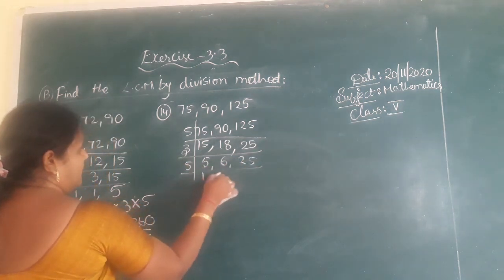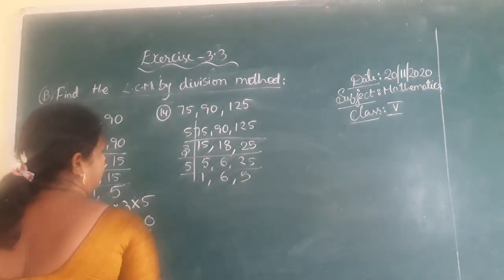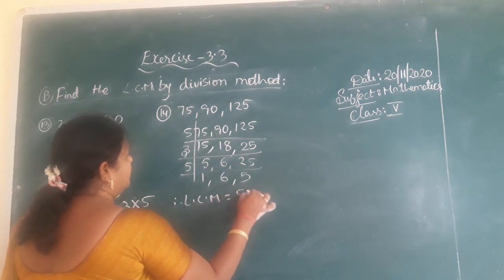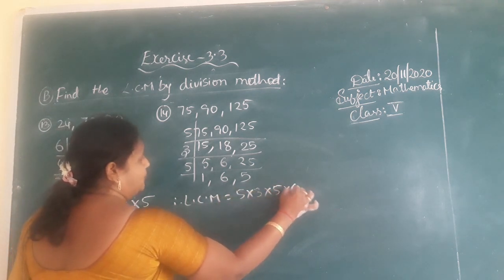Here 5 table, 5 1s, 6, 5 5s is 25. So simply you can write the LCM as 5 into 3 into 5 into 6 into 5.